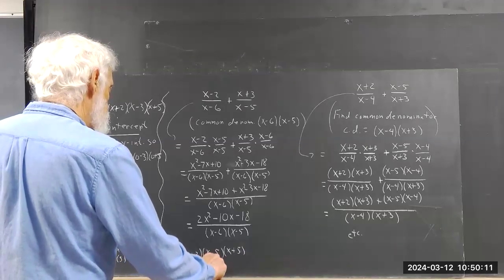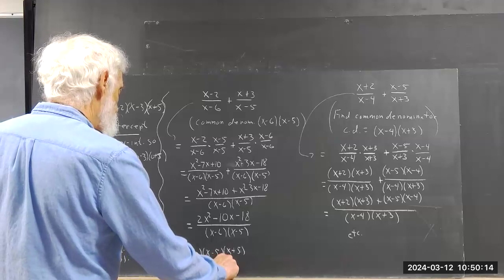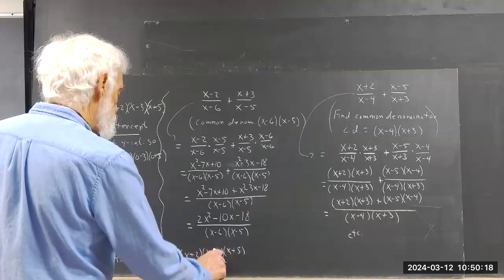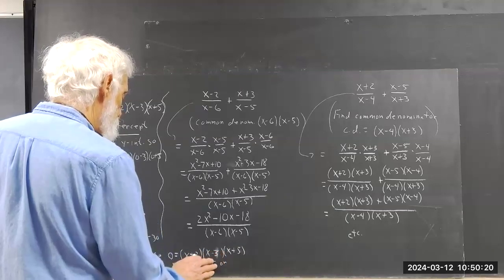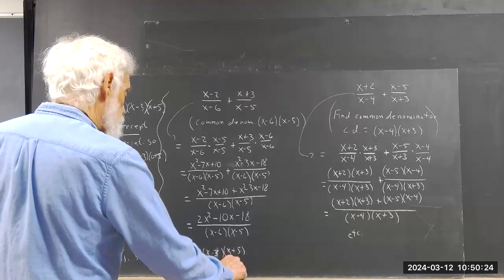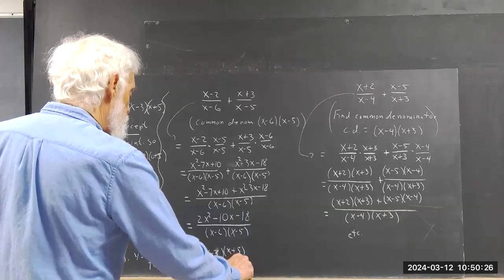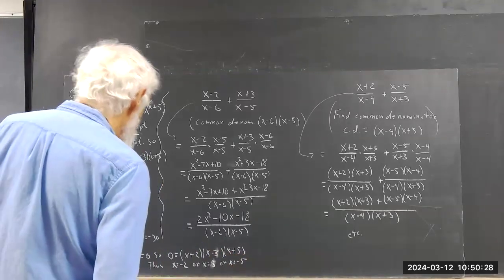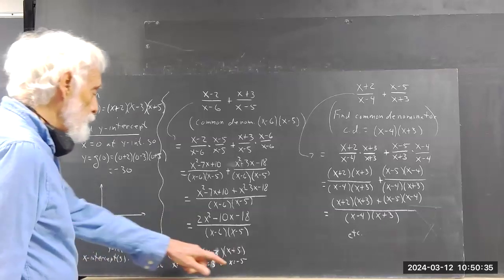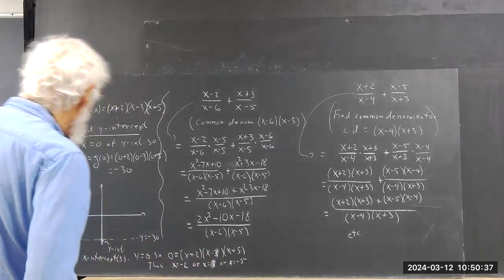Or x equals 5. No, this should be 3. x equals 3, or x equals -5. Okay, so we find the x-intercepts: x equals -5 out to x equals 3.